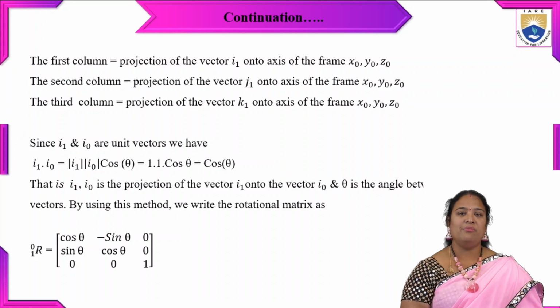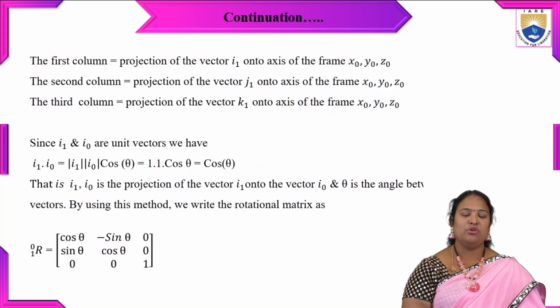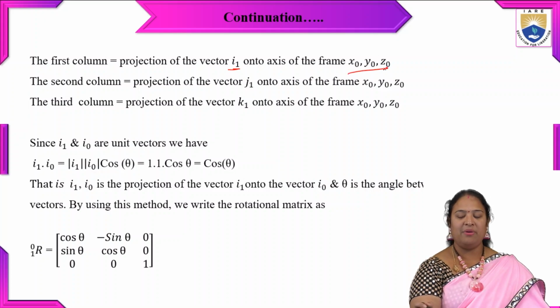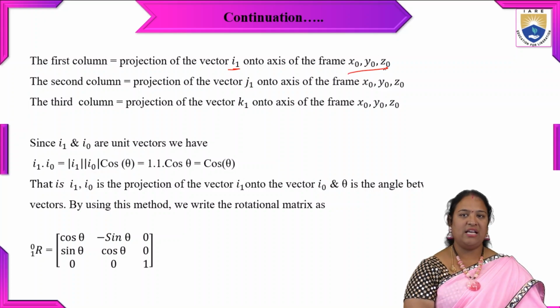That is, the first column will represent the projection of the vector I1 on the axes of the frame x0, y0 and z0, as I have told you. And the second column represents the projection of the vector J1 onto the axes x0, y0 and z0.